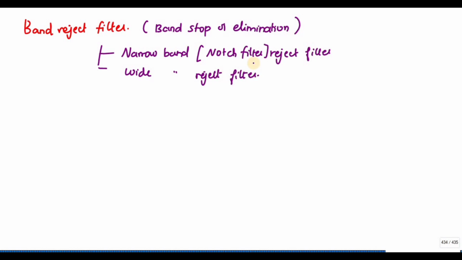First, let's discuss the wide band reject filter.